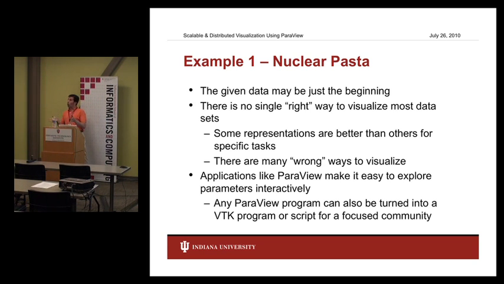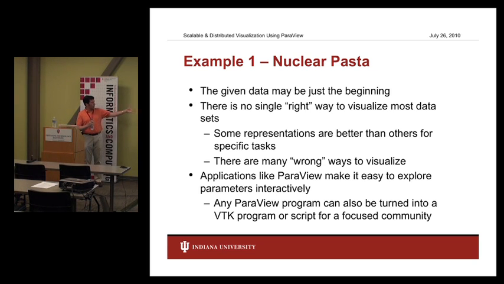There are definitely some wrong ways. You can do some things that introduce visual artifacts or cause the scientists to see something that really isn't there in the data. So you do need to work wisely to make sure that doesn't happen. And certainly some representations are better than others. But again, this invites that experimentation that I think is really important.